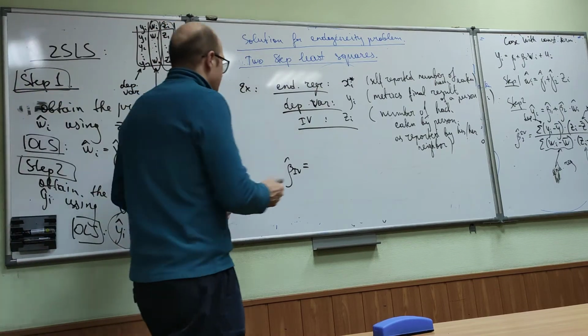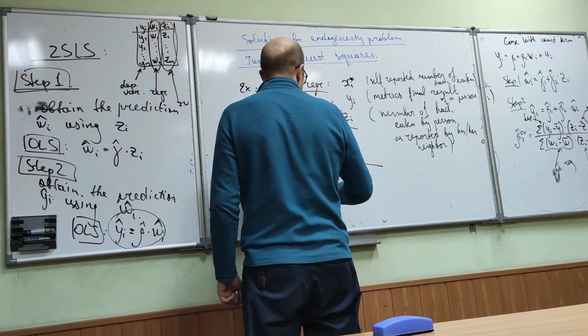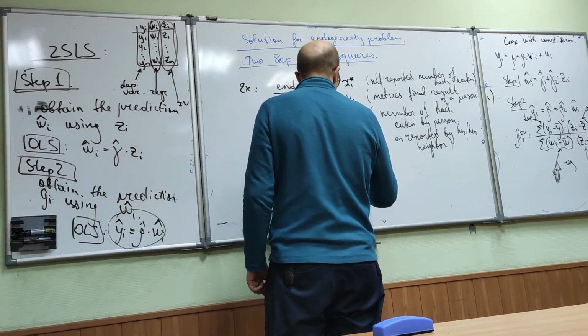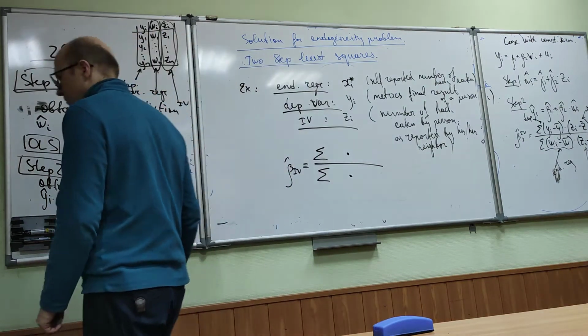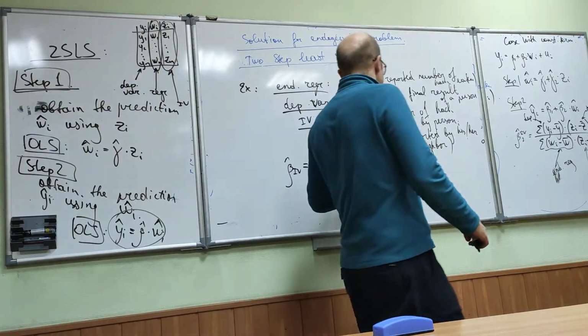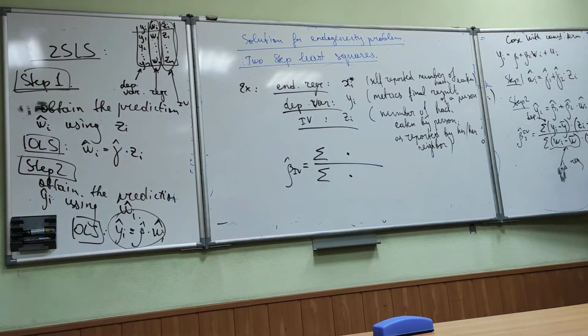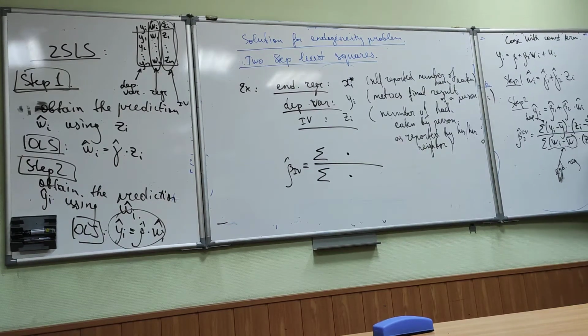I will write the base structure. We have a ratio, a sum in the numerator, a sum in the denominator, something multiplied by something. I think we should use the latest formula, but instead of W we'll have X star. So we just plug in. What are the roles? Roles are important. Endogenous times instrument.